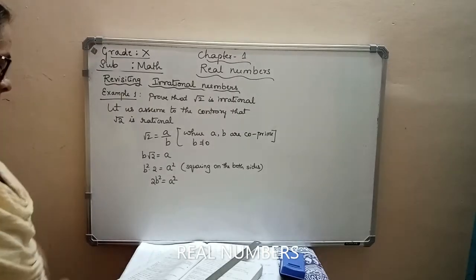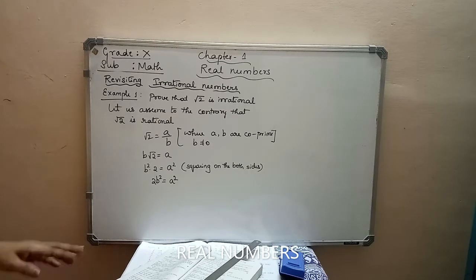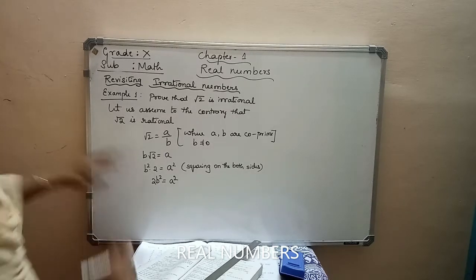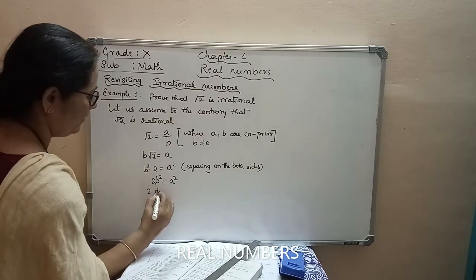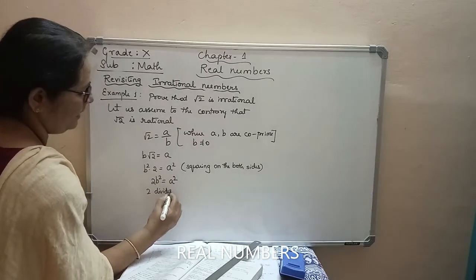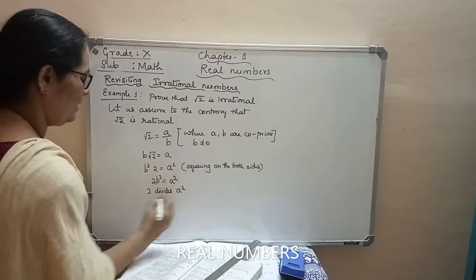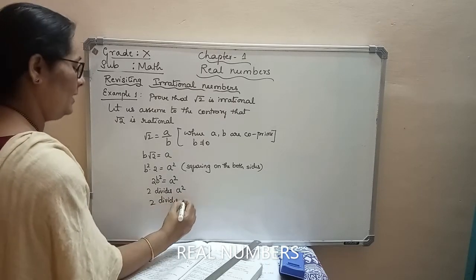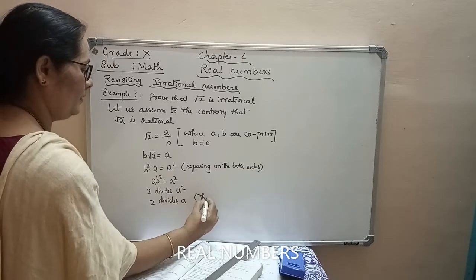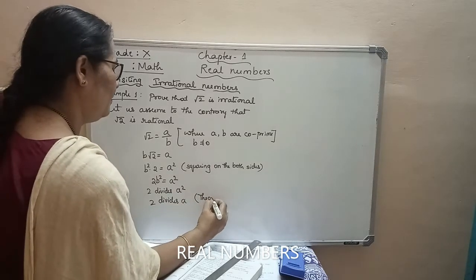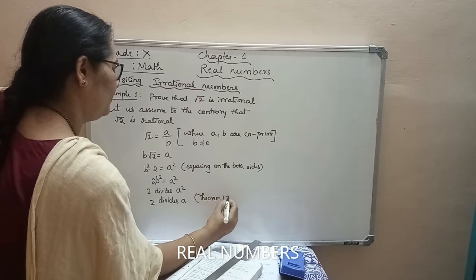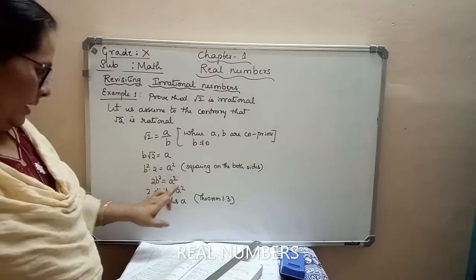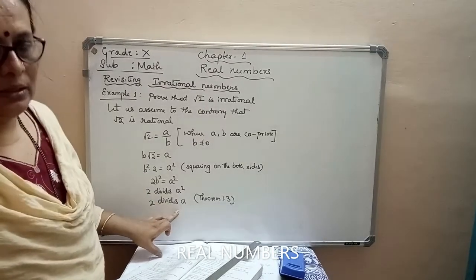It says that 2B square equals A square. Therefore, 2 divides A square. So 2 divides A also, because of theorem 1.3.